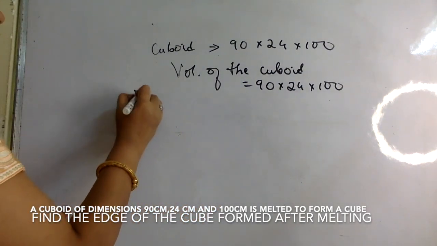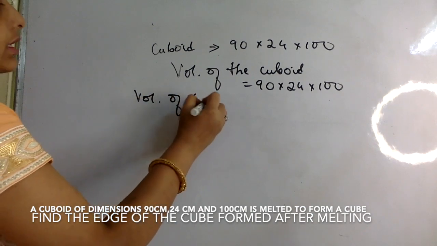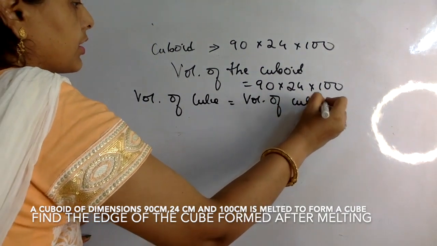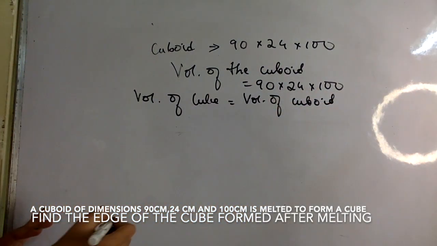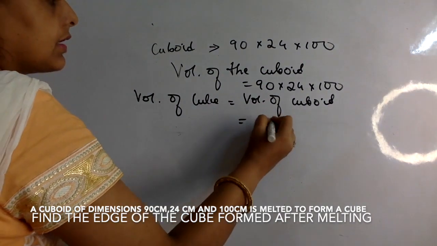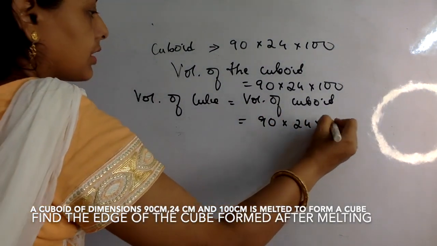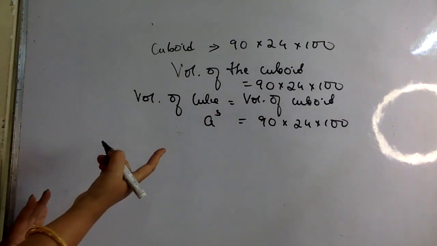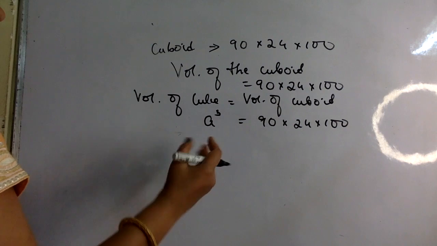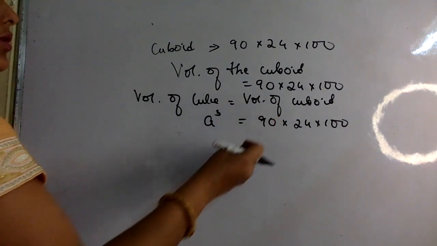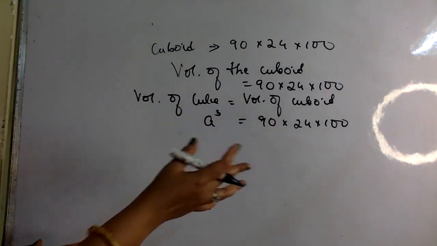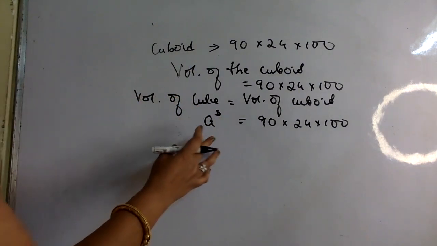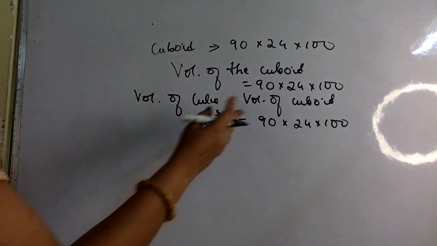So the volume of the cube is equal to the volume of the cuboid. Here 90 into 24 into 100 is equal to the volume of the cube, which we can again take as a cube. One thing you note, I haven't found the product at all, because I am not interested in finding the volume of the cuboid. I am only interested in finding the edge. So why waste time finding the volume?